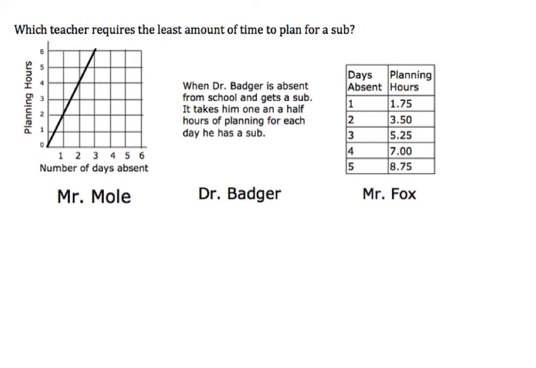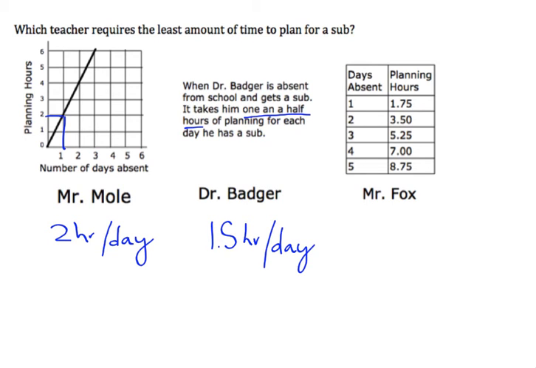Which teacher requires the least amount of time to plan for a sub? Well, we've got Dr. Mole. It looks like Dr. Mole for 1 day being gone needs 2 hours to plan for a sub, so that's 2 hours planning time per day. Dr. Badger is absent from school. He gets a sub. It takes him 1.5 hours of planning for each day he's gone, so that's 1.5 hours per day he's gone.